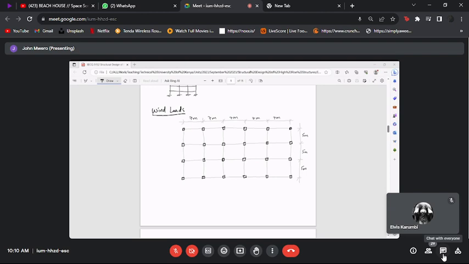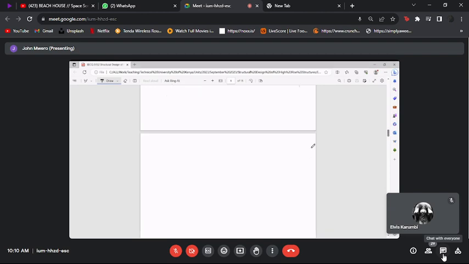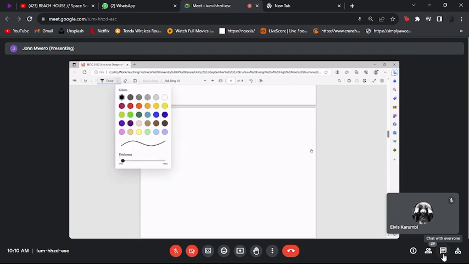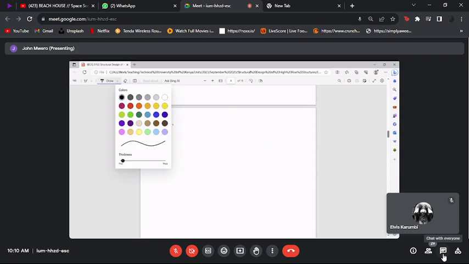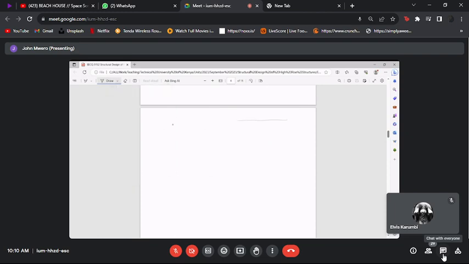So let's also assume that in elevation, this building looks like this.